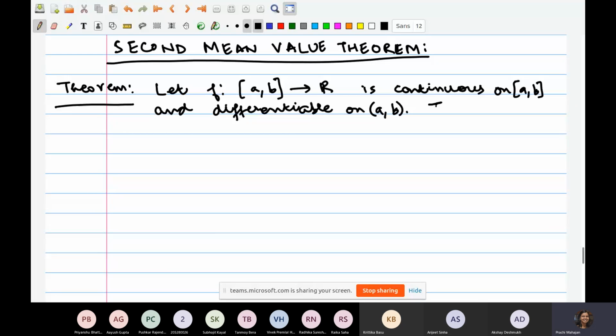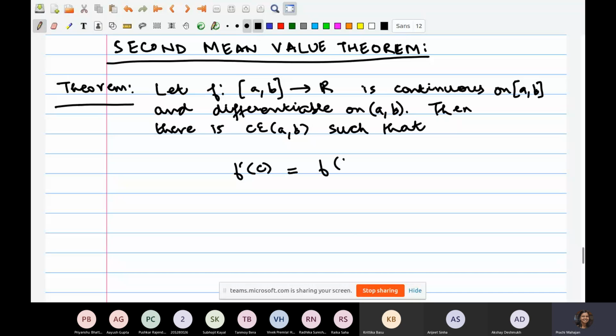Then there is a point c in the open interval (a, b) such that the derivative of f at this point c is given as follows.